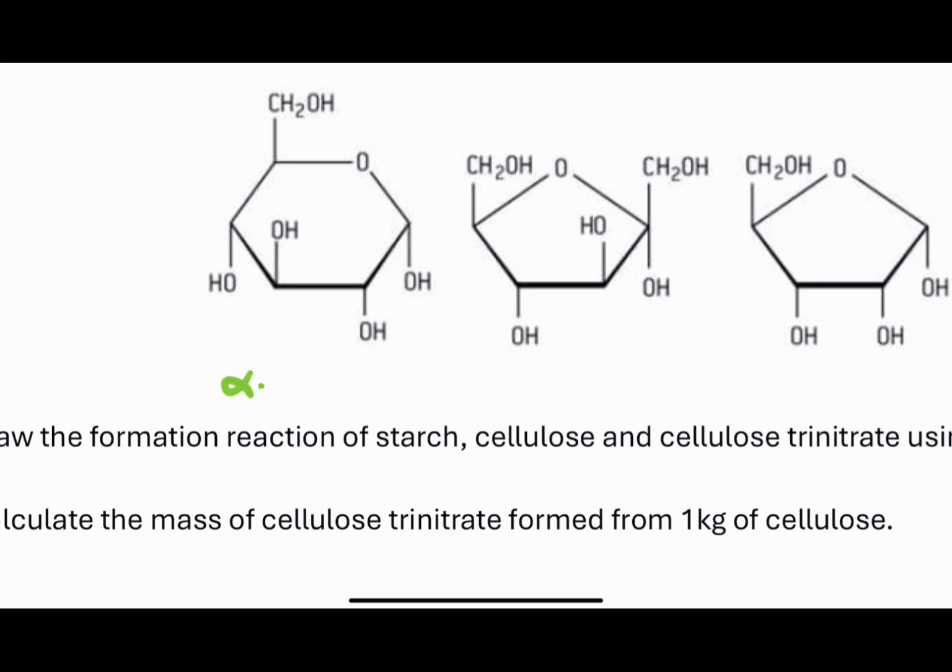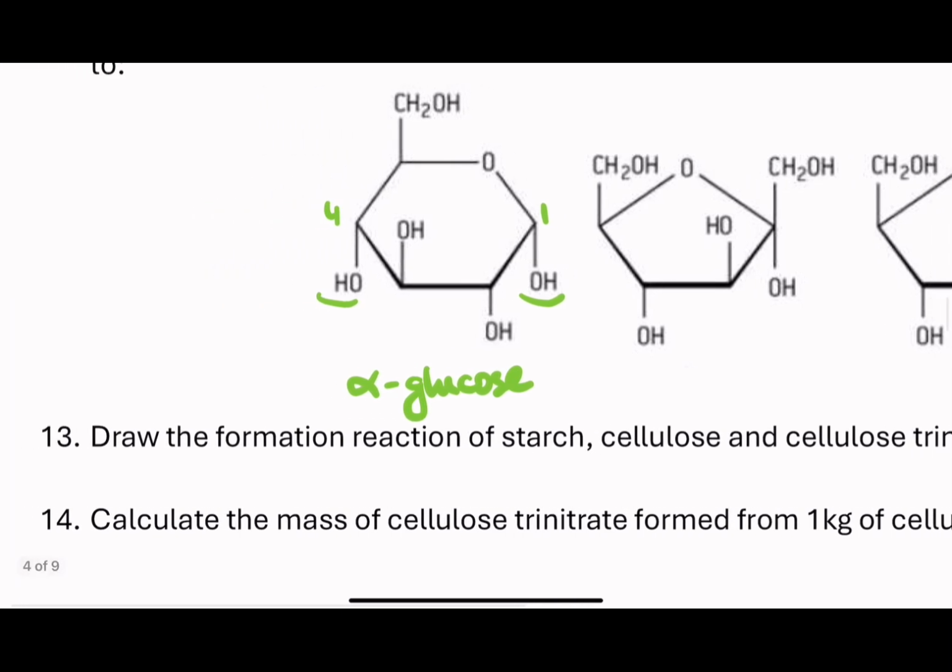The way we can identify it is when the OH of 1 and 4 are on the same side. If we want to draw beta glucose, all you need to do is get this OH up here, and that's it. Instead of here, we will have the OH and we will have an H here. Okay, that would be beta glucose.